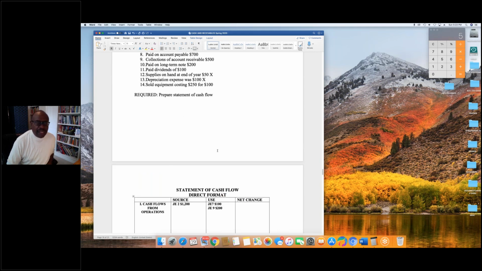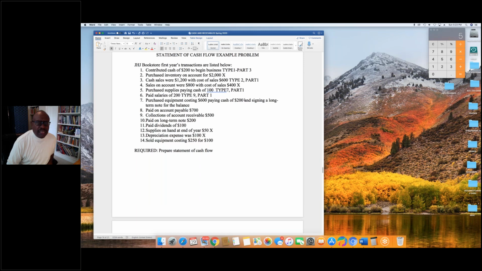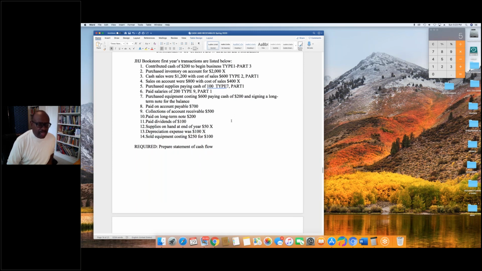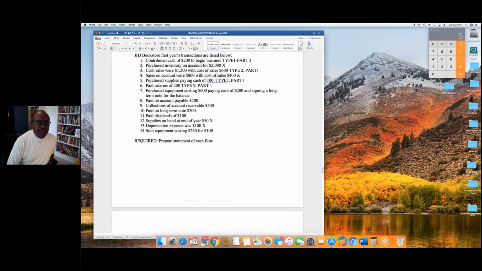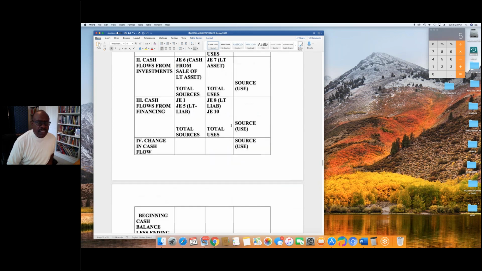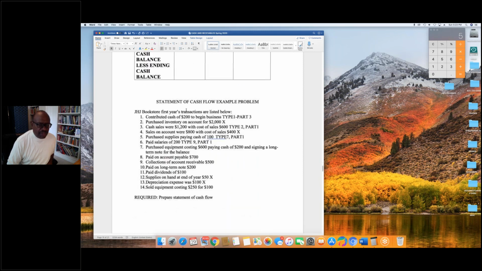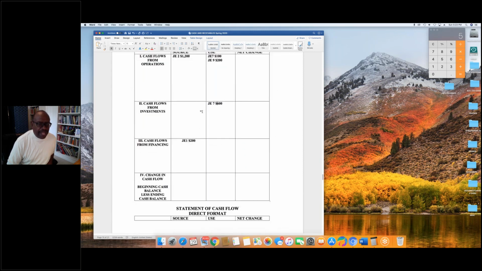And so the cash paid was 200. So the loan taken out on this asset is going to be 400. And so that's going to be a journal entry 5, type 5.